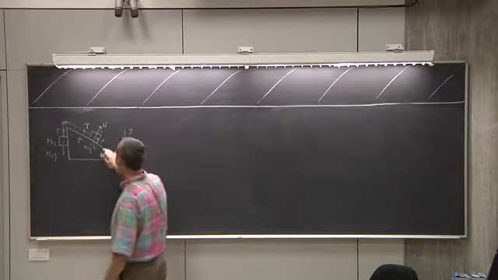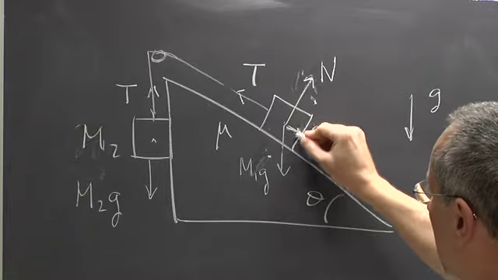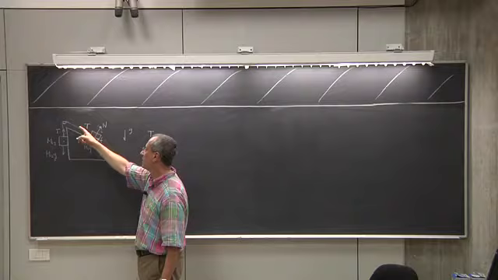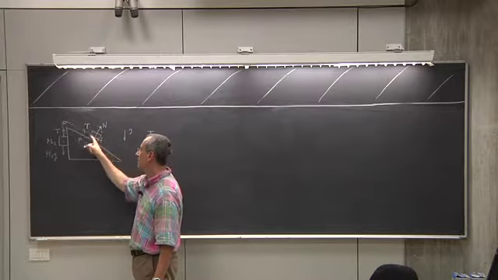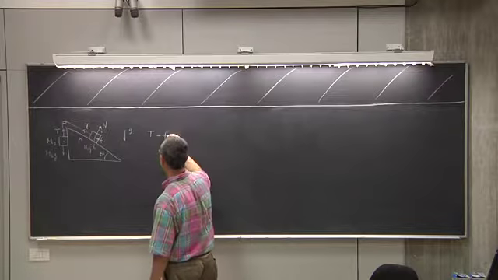Obvious. So if I indicate this by little f, it's pointing this way here, okay? So along this direction here, I'm going to have T, the tension that is pulling on this mass here, minus whatever this little f is, okay?